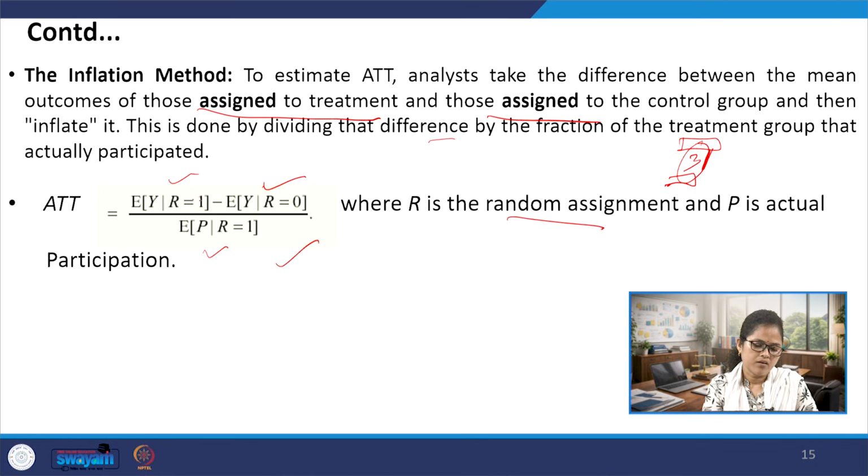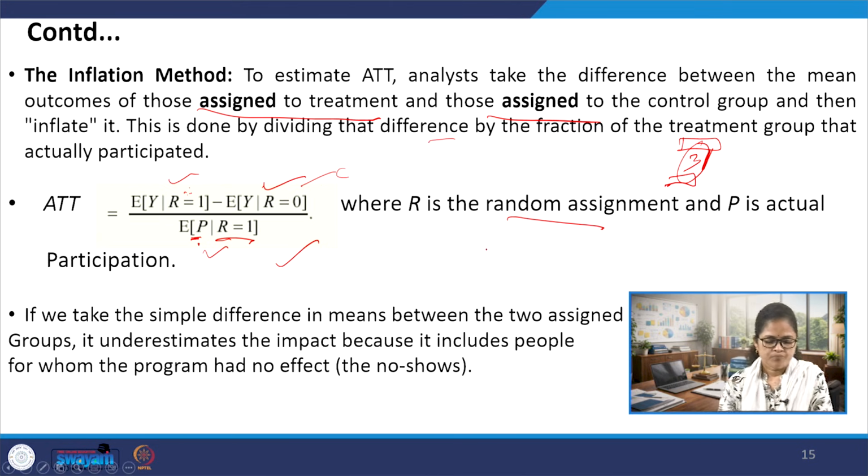R1 means random assignment to the treatment group, and R0 is the case of your control group, that means no program is there, they are considered under the control group. And here P means participation, the actual participation in the treatment group, that means R equal to 1.